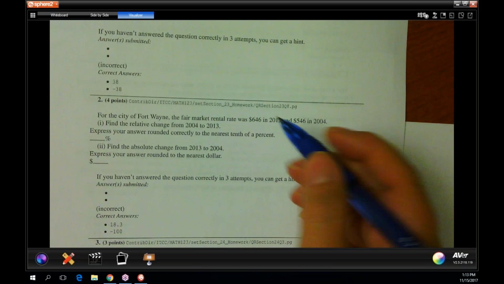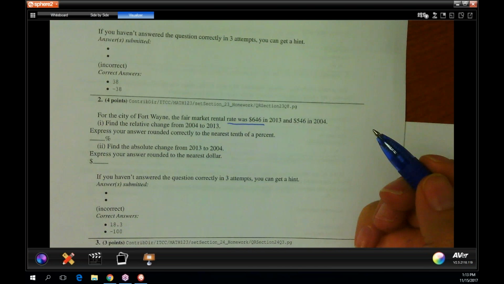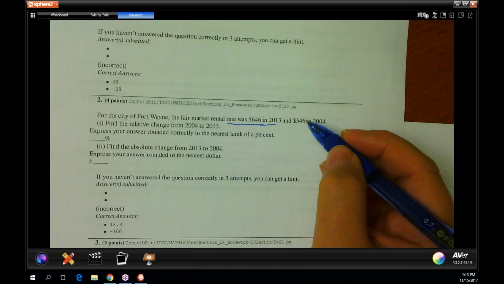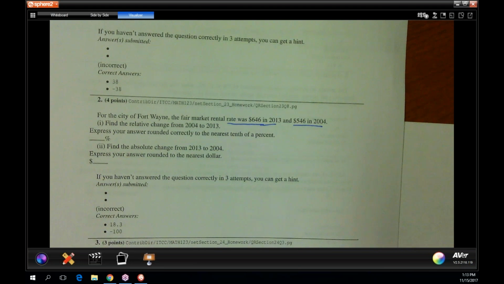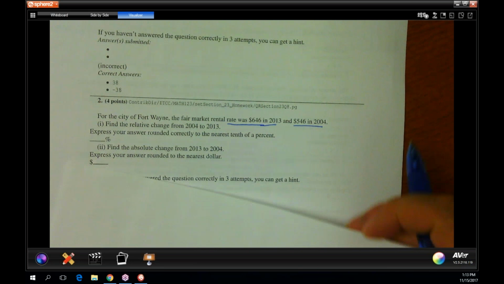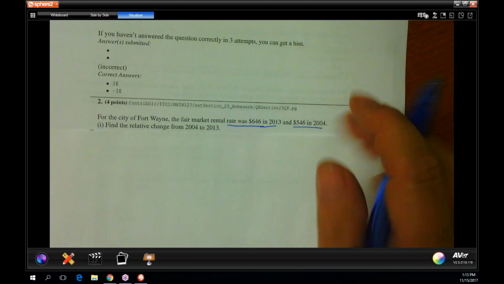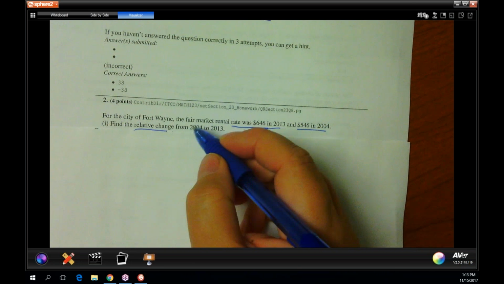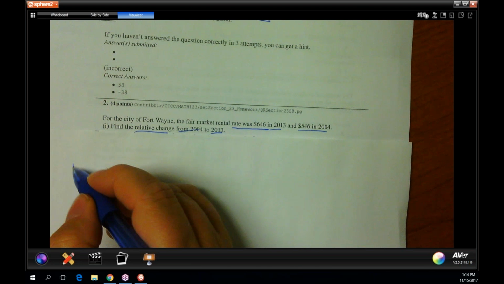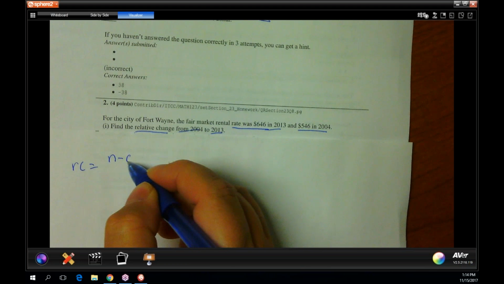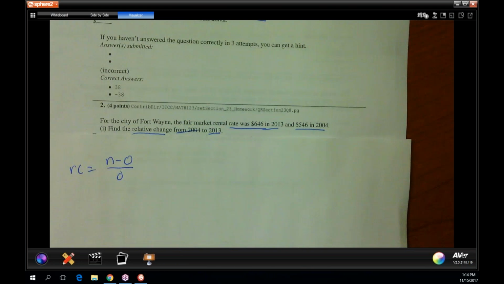For the city of Fort Wayne, the rate is 646 in 2013 and 546 in 2004. Now we're finding relative change from 2004 to 2013. Relative change is new minus old over old. And be careful, identify the new and the old.